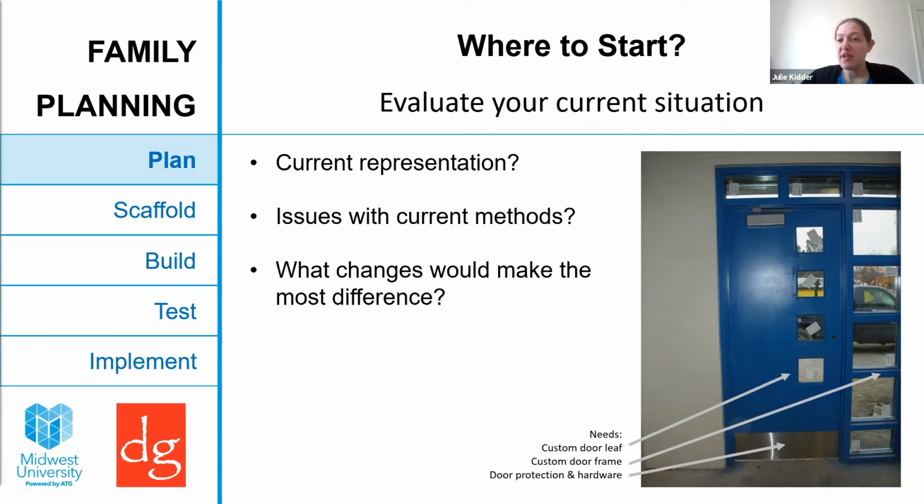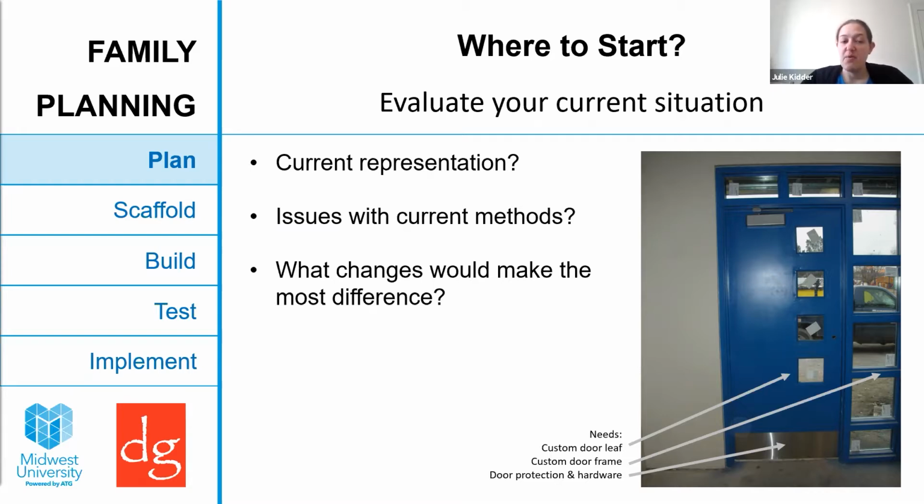And our doors were fairly robust before, but there was a variety of things that they didn't do well, like handling custom frame types. It was harder to add custom door leaf that was needed in this project than was desirable.